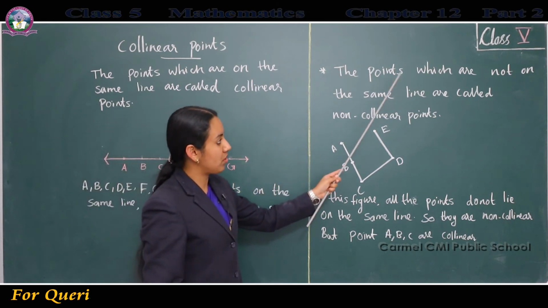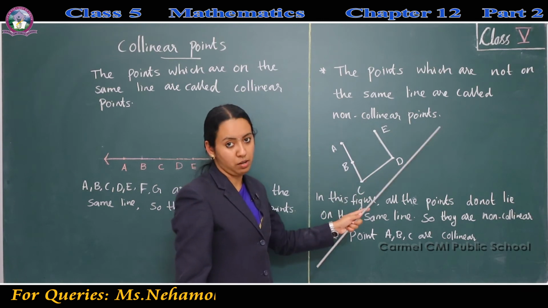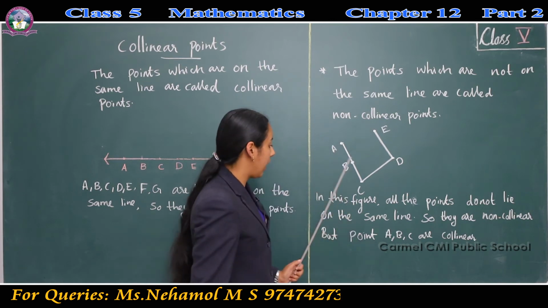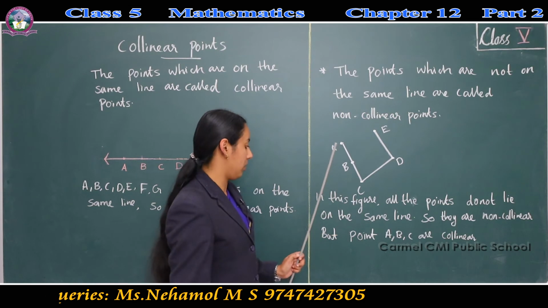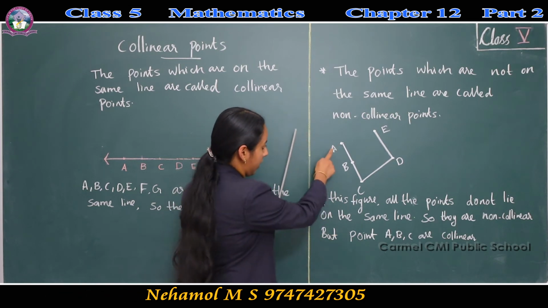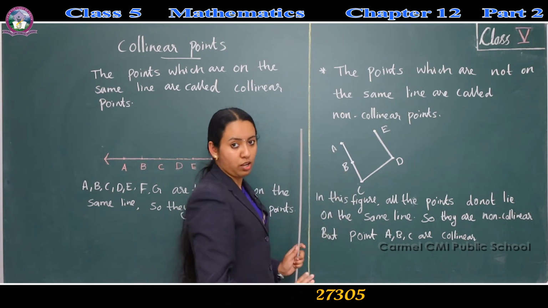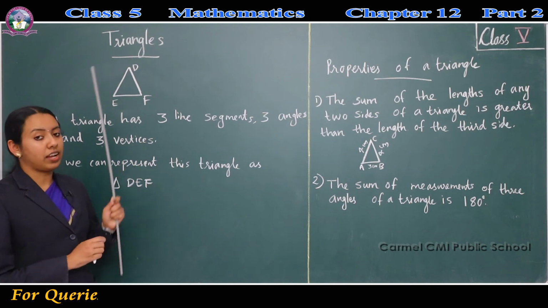The points which are not on the same line are called non-collinear points. In this figure, all the points do not lie on the same line, so they are non-collinear points. But points A, B, C are collinear.